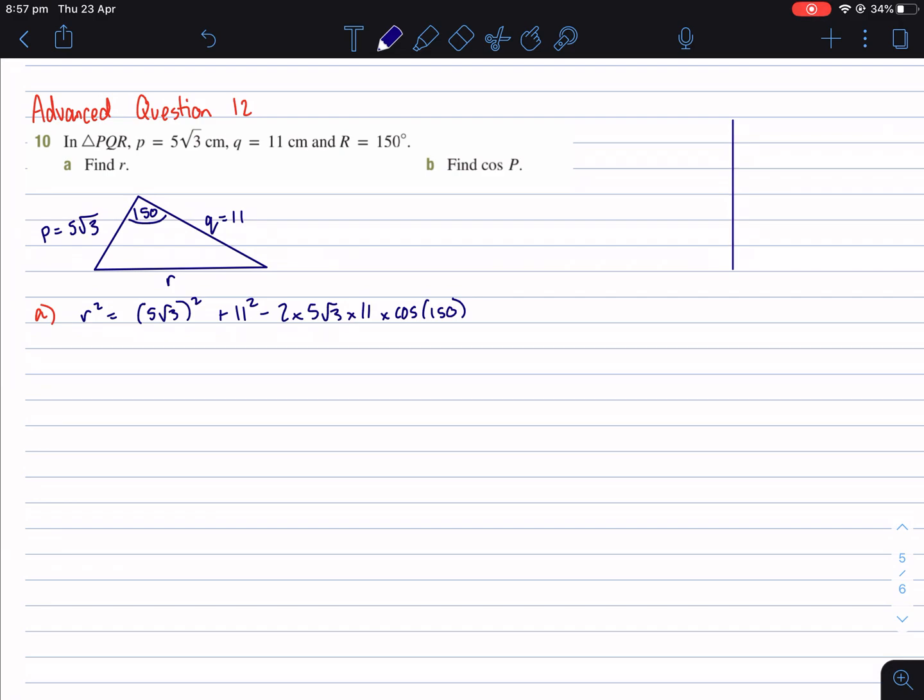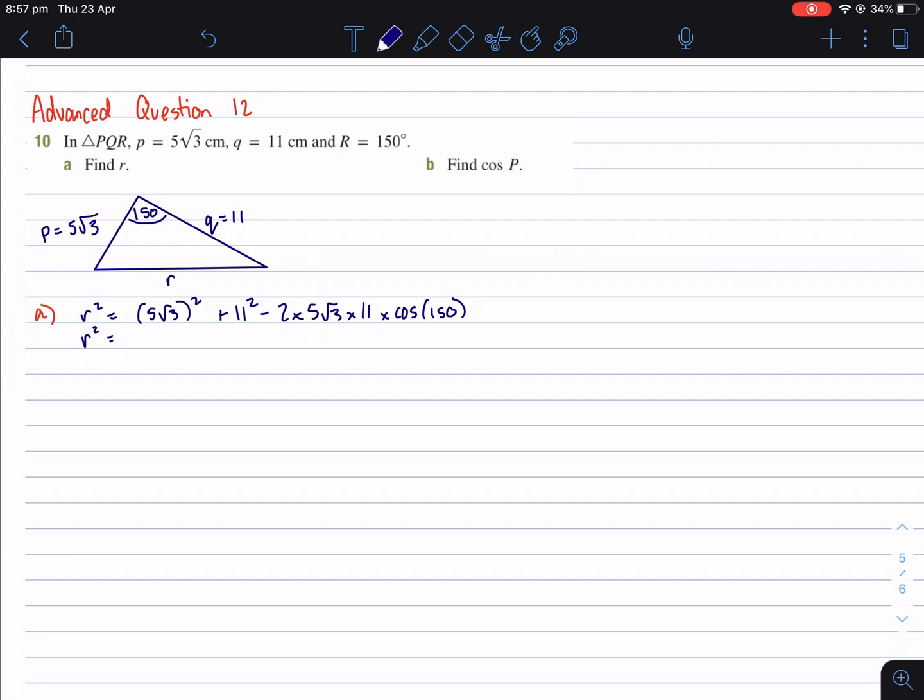I'm just hung up because they haven't asked us to provide an exact answer. Okay, we're going to go through this and see if it gives us a nice answer, and if it doesn't, we're going to figure out what cos 150 is, because that's going to be negative cos 30, which is negative root 3 on 2. Anyway, r squared equals, chuck this all in your calculator.